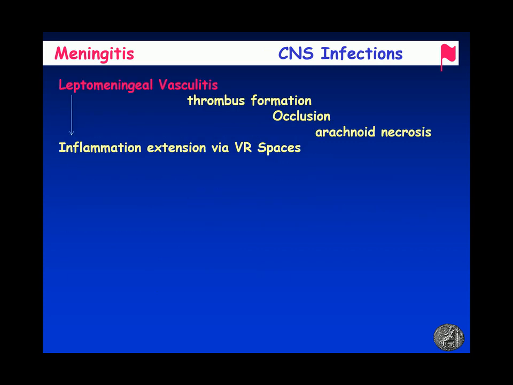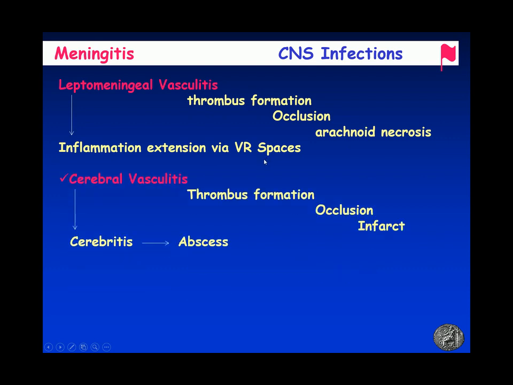What happens there? When you have meningitis, there is leptomeningeal vasculitis. This results in thrombus formation, occlusion of the vessel, and arachnoid necrosis. The infection spreads to the vessels and results in arachnoid necrosis. Or leptomeningeal vasculitis may lead to extension of inflammation through the Virchow-Robin spaces.